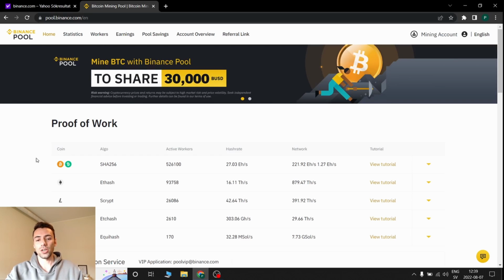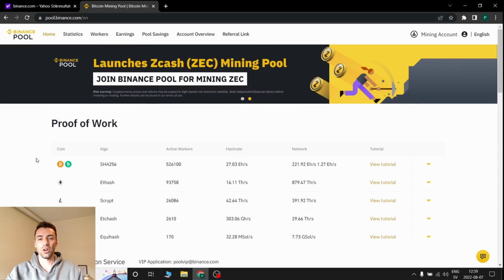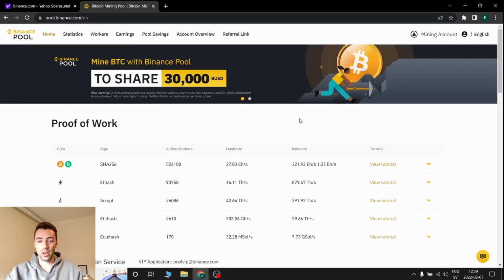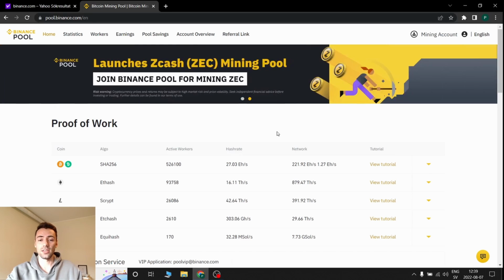It's not that easy to buy those things and plan, it requires lots of effort. So Binance provides this feature that you can invest in the mining system.